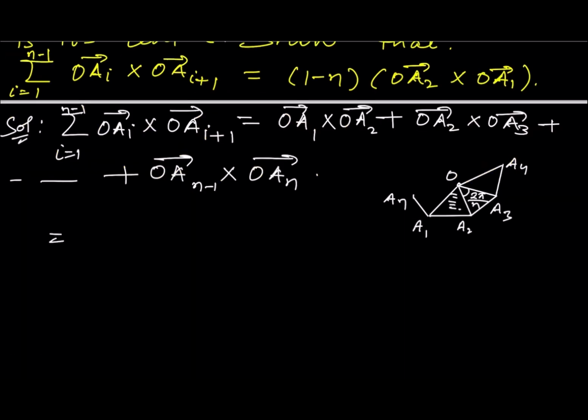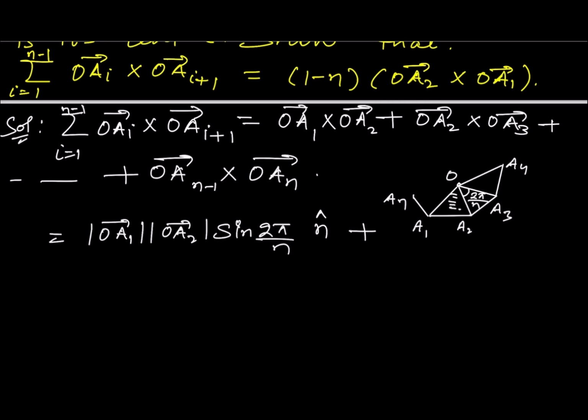So OA1 cross OA2 is nothing but mod OA1 into mod OA2 sine 2 pi by n into n cap, where n cap is again the unit normal vector perpendicular to the plane of A1, A2.